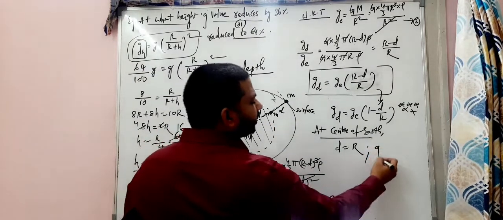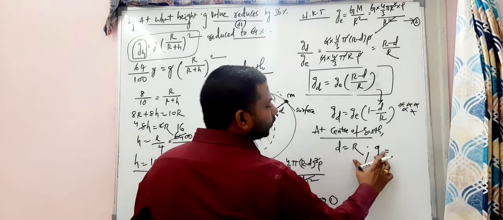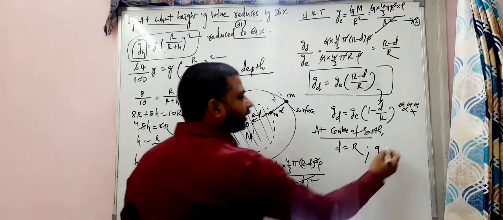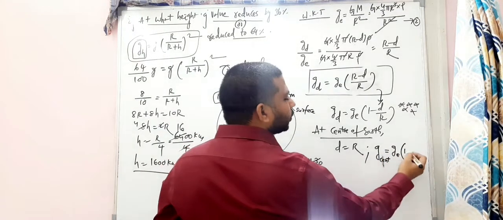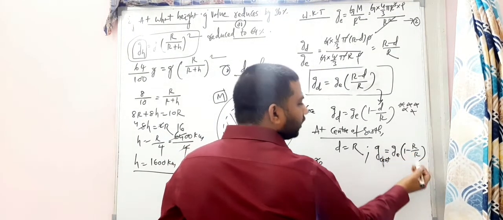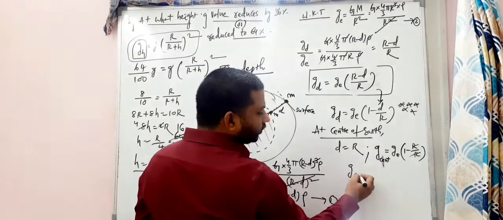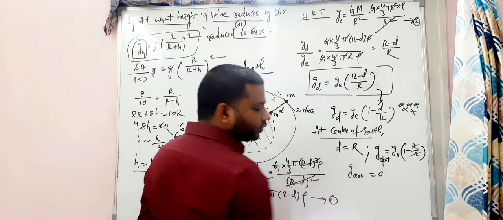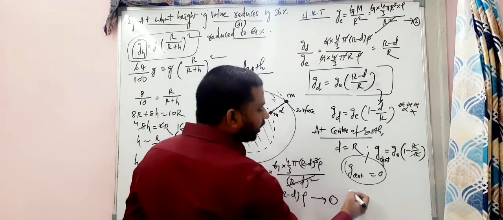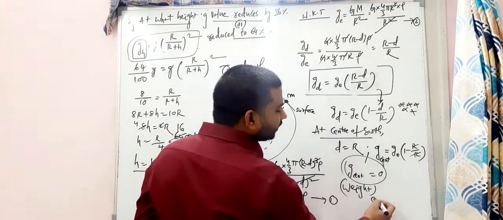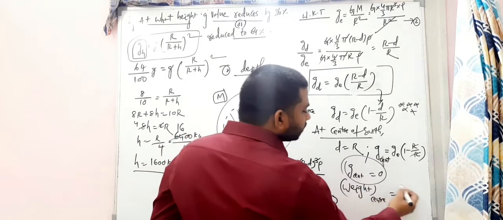At this point, acceleration due to gravity at the center is g_e into 1 minus R by R, R by R is 1, so 1 minus 1 is 0. So acceleration due to gravity at the center is equal to 0, which means the weight of the body at the center of the earth is also equal to 0.